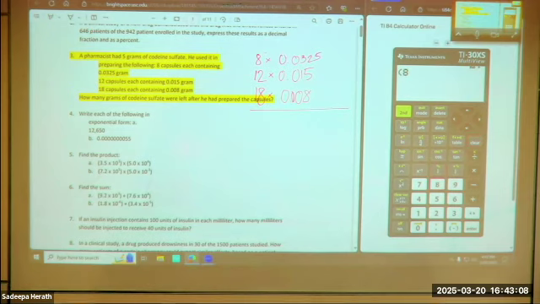So there's 8 times 0.0325 plus 12 times 0.015 plus 18 times 0.008.